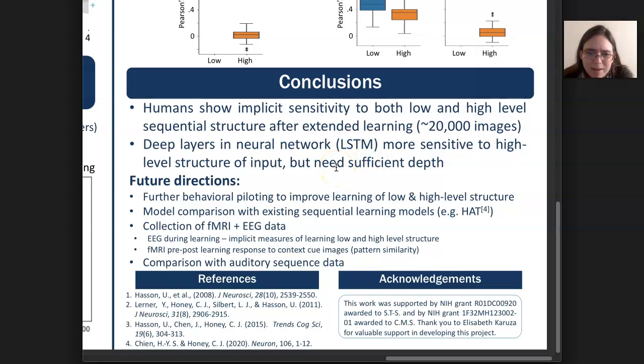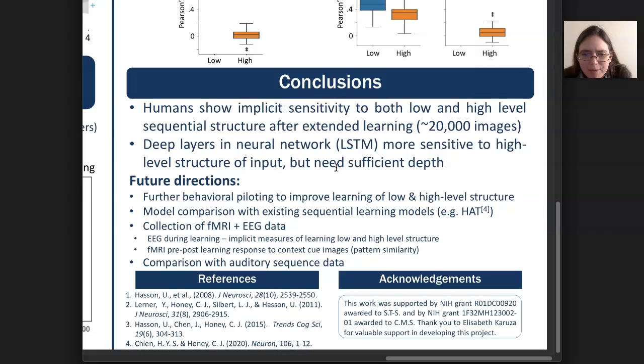And so, yeah, we're going to continue our behavioral piloting to further improve learning of the low and high level structure in human participants. We're also going to do some model comparison between our LSTM model and some other existing sequential learning models like the HAT model. And also we'll be collecting some fMRI and EEG data from our human participants once we have the behavioral paradigm down.